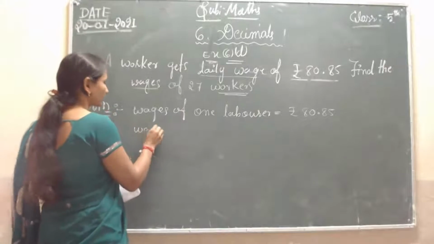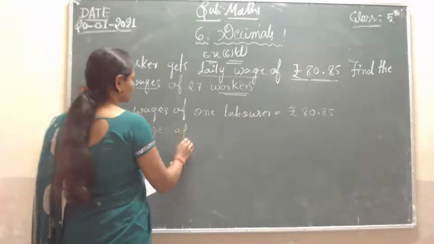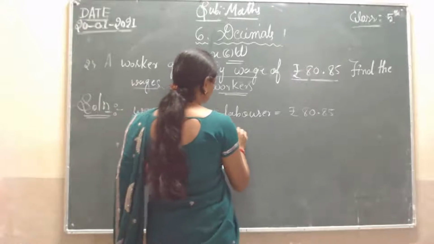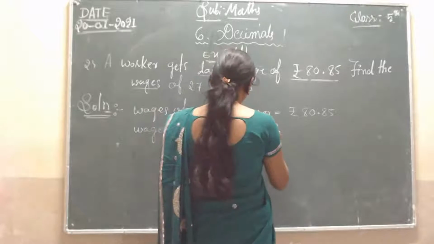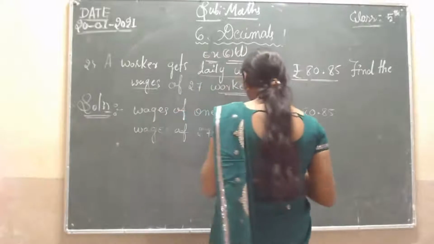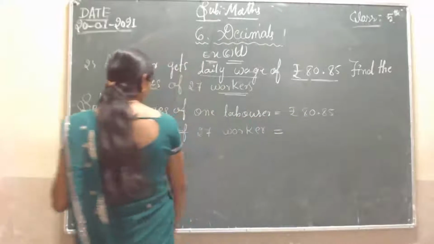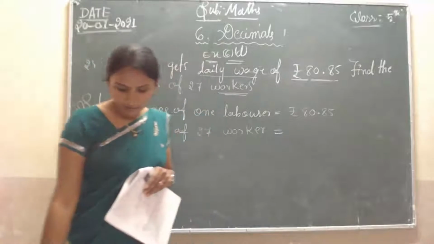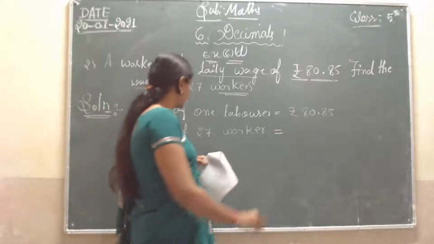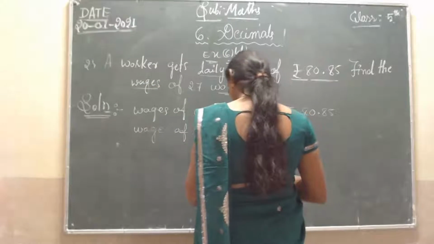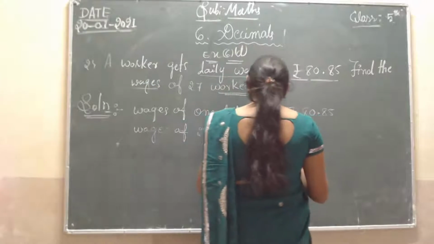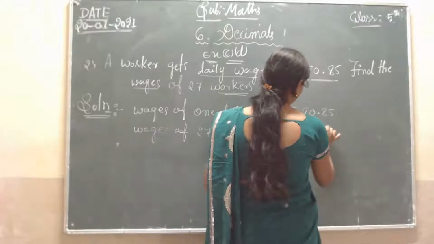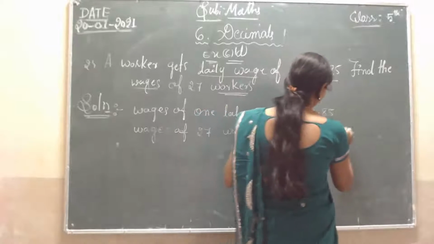The wages of 27 workers, that is how many? So you have to do multiplication: 80 rupees 85 paise into 27.